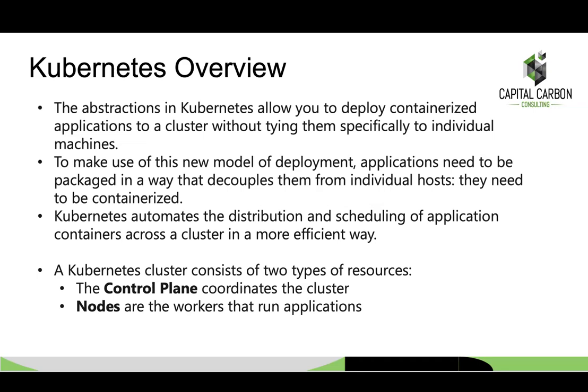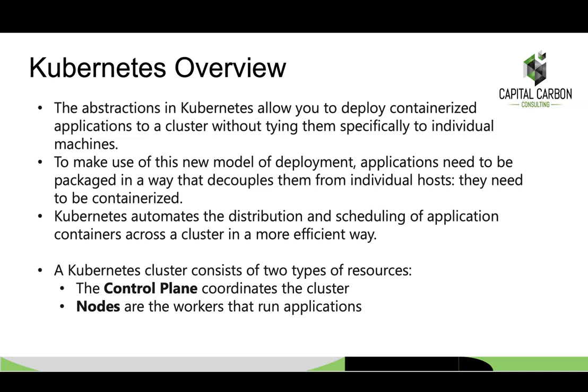To make use of this new model of deployment, applications need to be packaged in a way that decouples them from individual hosts. They need to be containerized. Kubernetes automates the distribution and scheduling of application containers across a cluster in a more efficient way.